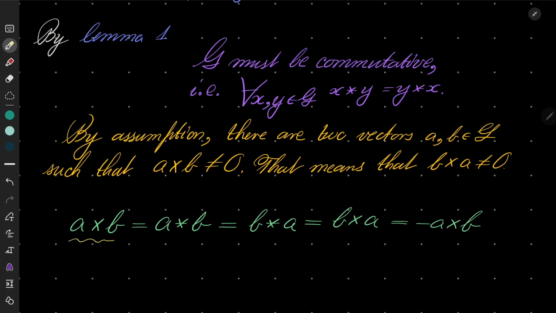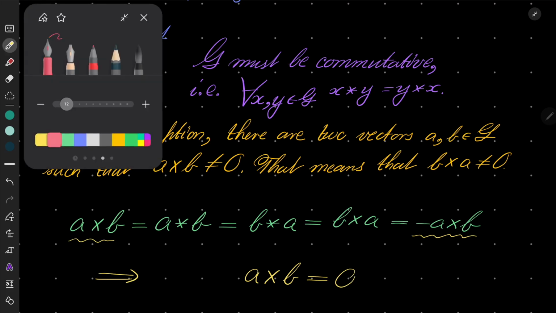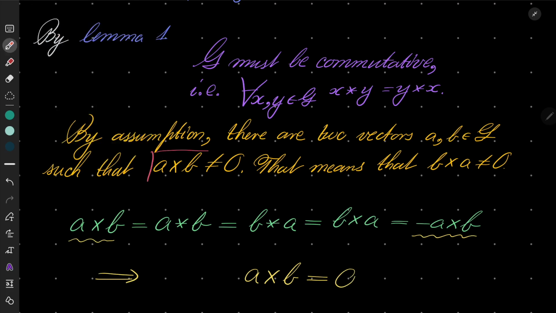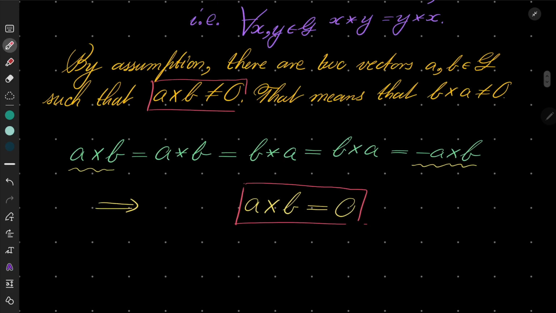A cross B equals minus A cross B. And that means only one thing, A cross B must be equal to 0, and now we get a contradiction, because we have assumed that the cross product of A and B is non-zero. So it's our final contradiction.